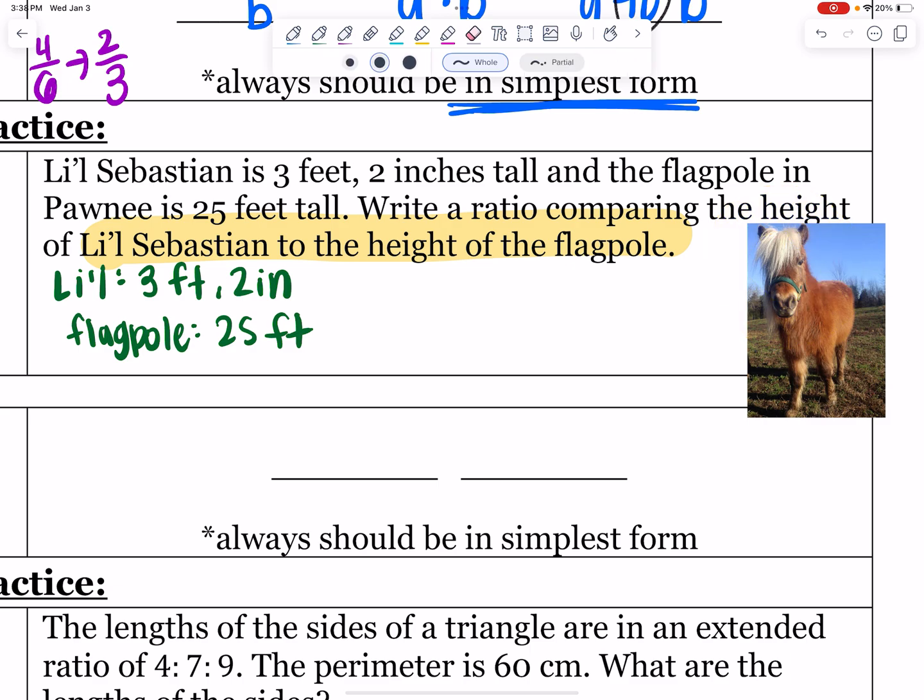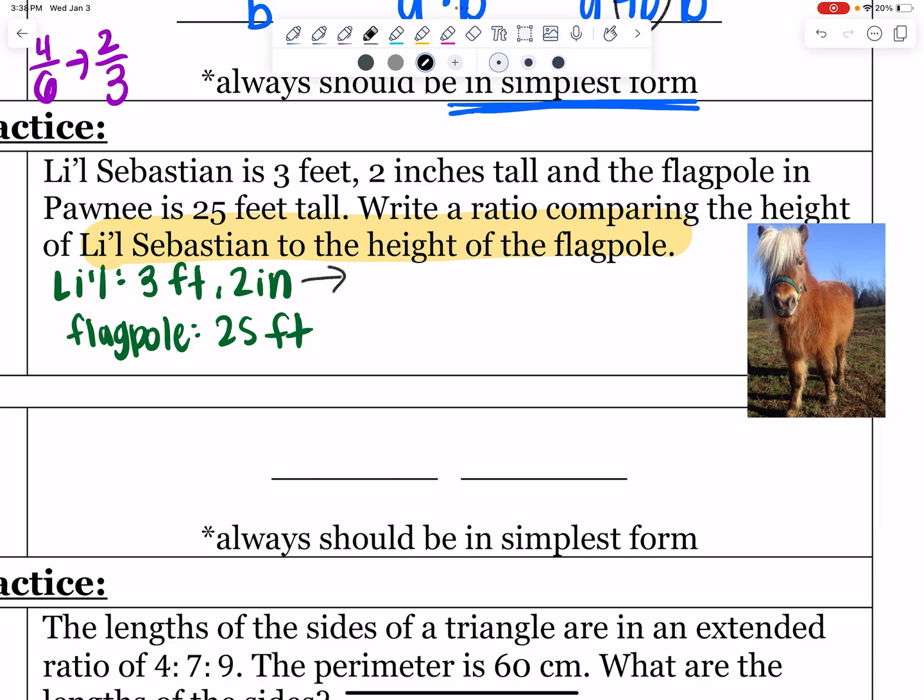And so right now, Lil Sebastian is in feet and inches, and the flagpole is only in feet. So I want them all to be in the same units, but unfortunately, I can't just chop off his ears and say he's 3 feet. He's 3 feet and 2 inches. So there's no way to do that without making it a decimal. And so what we're going to do is convert everything to inches.